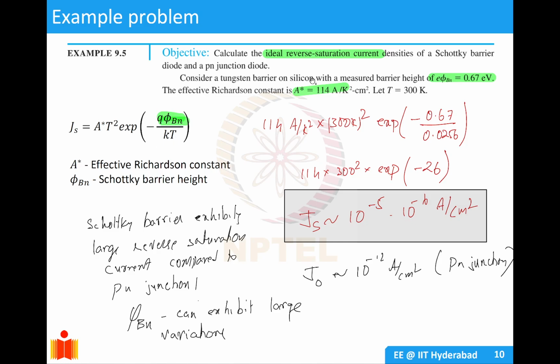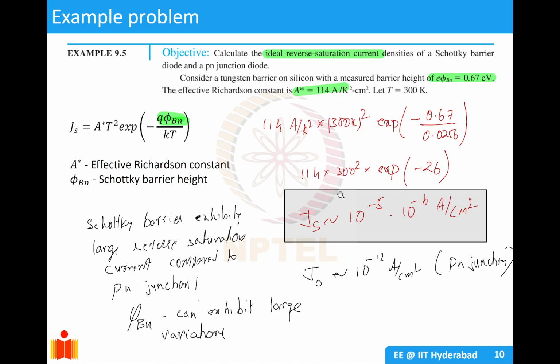So you know all the values are given in the question. A star is given as 114, T is 300, and phi bn is 0.67, and kT by q for 300 Kelvin you know is 26 millivolts, so it's 0.0256.